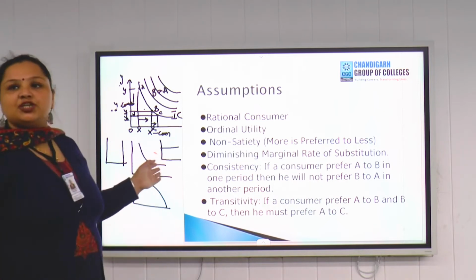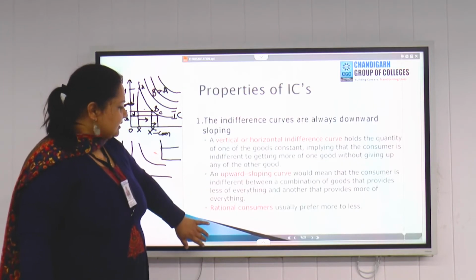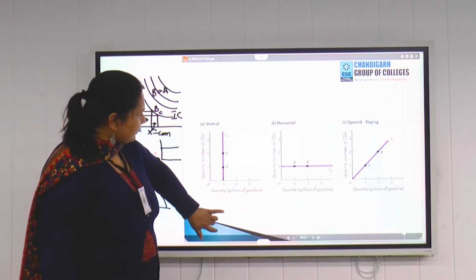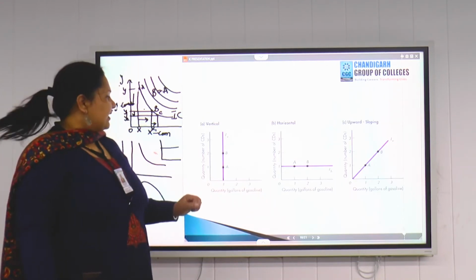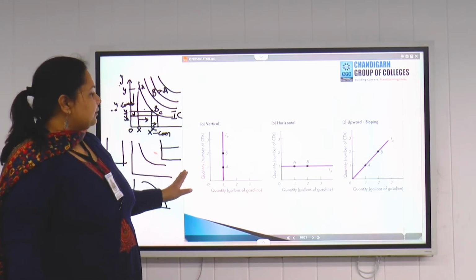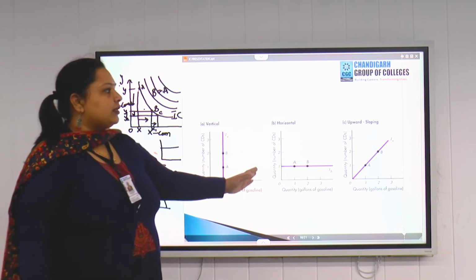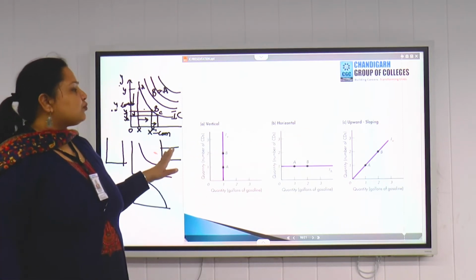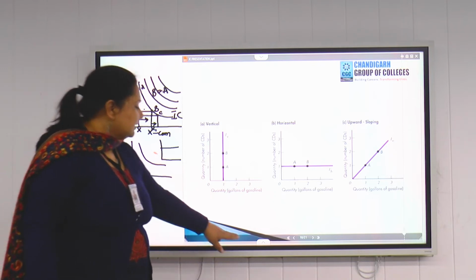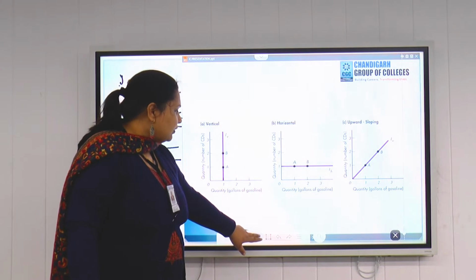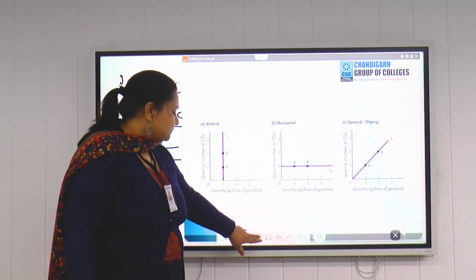These may be the shapes of indifference curve. Like here in this slide we can see, if this is not convex, then it may be vertical, horizontal or upward sloping. So the first property of indifference curve is that indifference curve is always downward sloping.